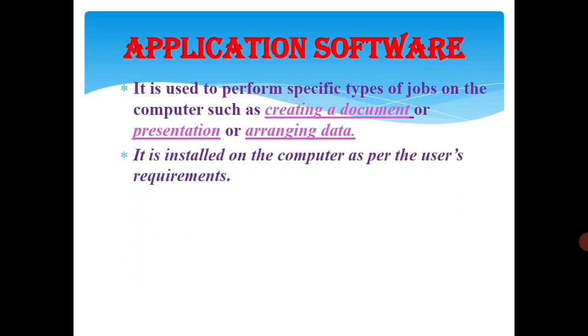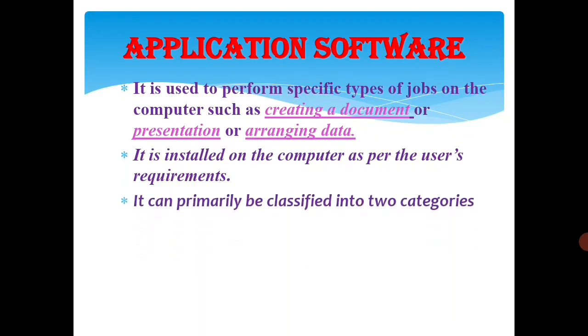It is installed on the computer as per the user's requirement. If the user wants a certain type of software, that software will be installed in the computer. For example, in your mobile, if you want any games, you can store them. That is called a particular job.